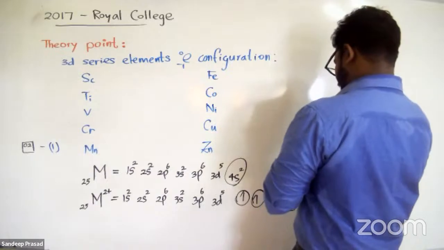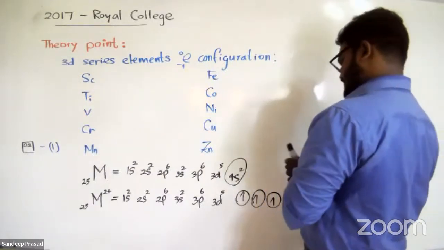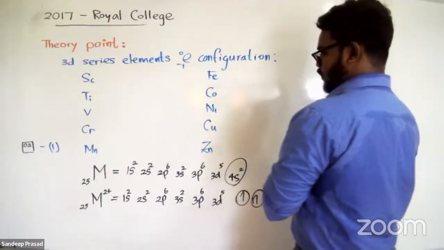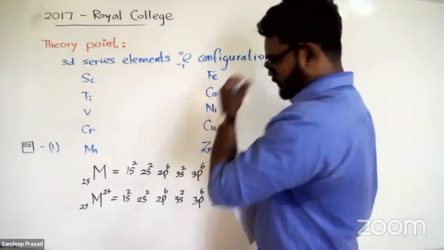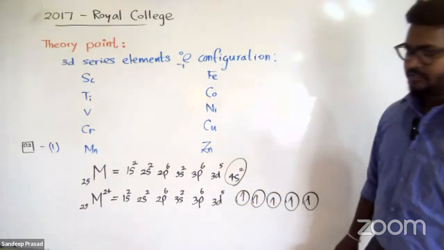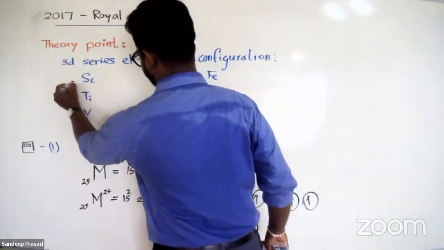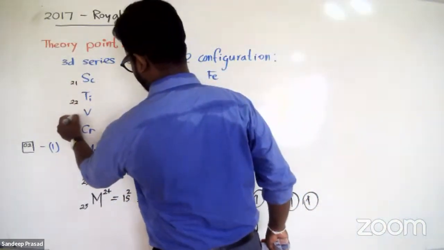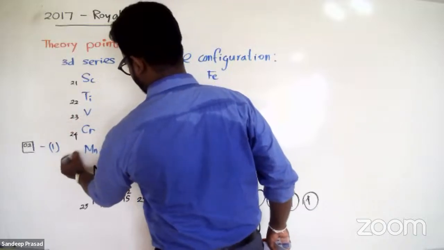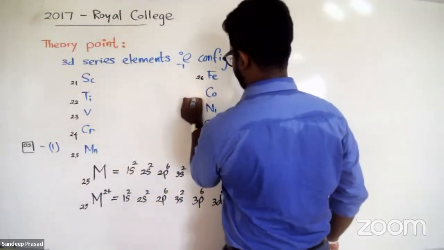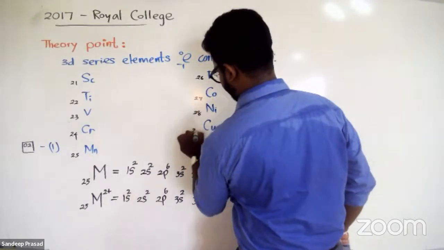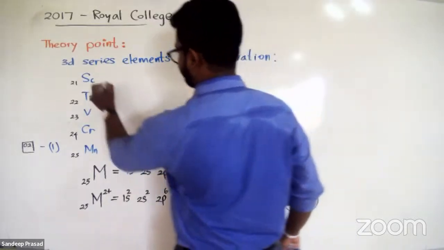In unit number 6, we are going to discuss these elements separately: what is the aqueous solution color, what is the amine complex color, what is the chloride complex color. Everything we are going to learn under the 6th unit. Atomic numbers 26, 27, 28, 29, 30.